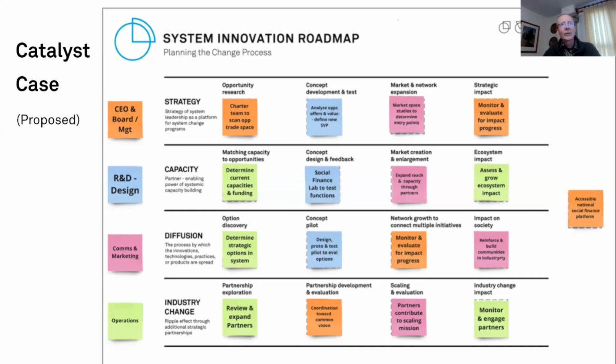And so operations may have a lot to do with the initial stages, developing options, what's possible, developing capacities.